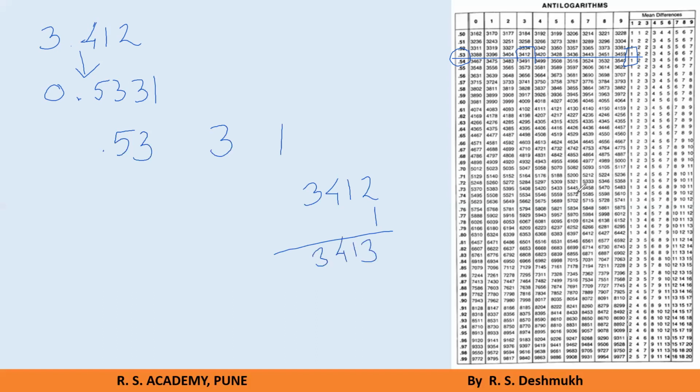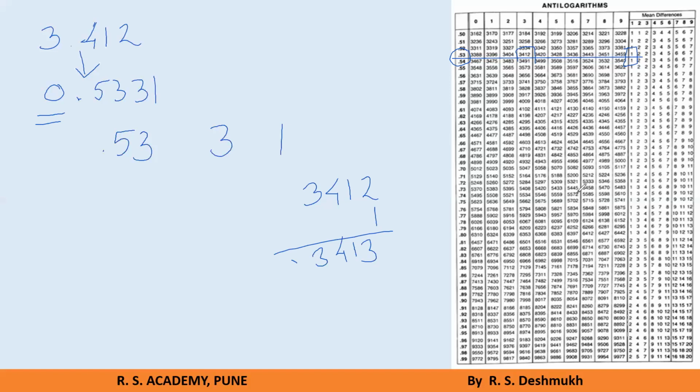You can observe that there is an approximation. Also, whenever I found the characteristic in the log, I had subtracted 1. Now I will add 1 to it. So always keep in mind, before the decimal, whatever the number is, I add 1 to that. So 0 plus 1 becomes 1.